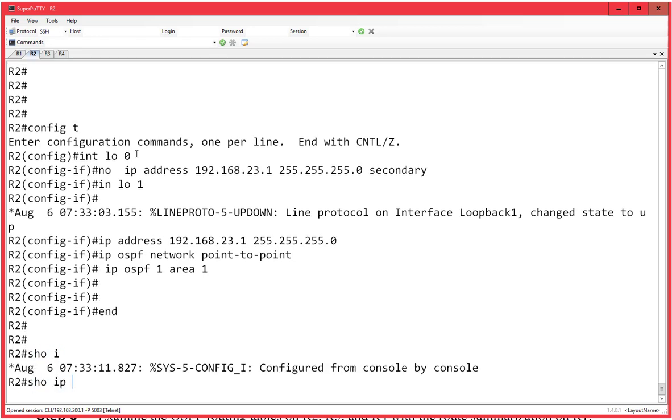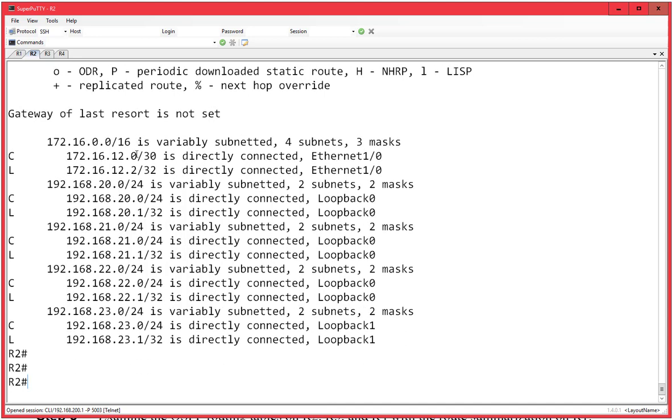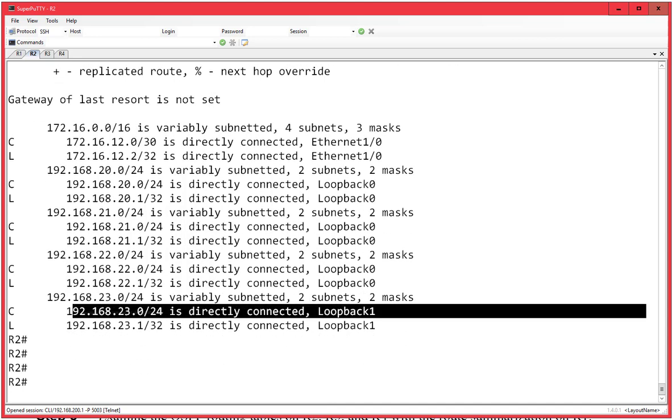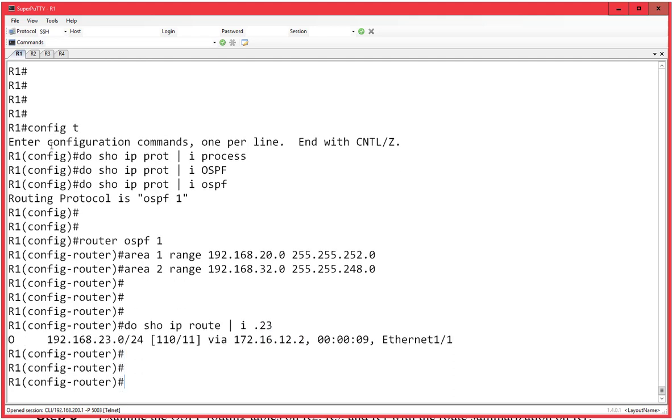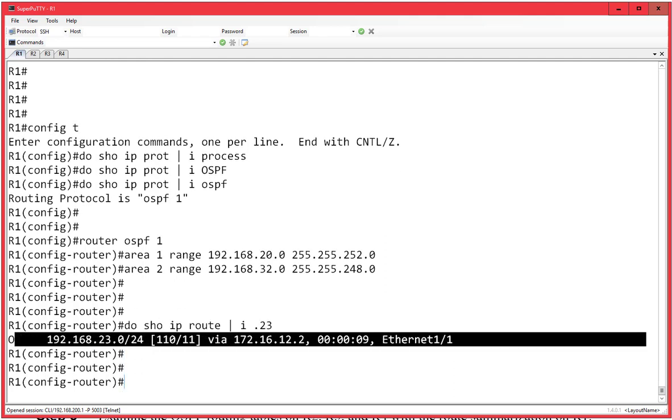We still should have that network, 23. It's right here. And it should still be advertised to router 1. Do show IP route, pipe include .23. So we're still getting the 23 route as an OSPF route, which means that our summary is still effective.